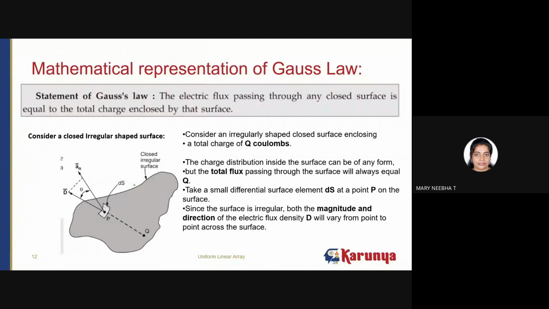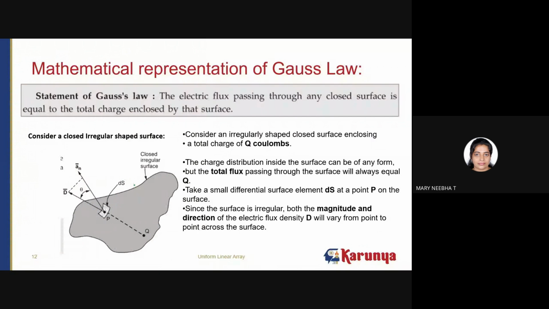Similarly, you can apply this Gauss law to find the electric field intensity due to an infinite sheet of charge. Here also you have to assume a Gaussian surface, and you'll get the formula rho s divided by 2 epsilon naught. These are the very important points to be noted in Gauss law, and how we can represent Gauss law mathematically.